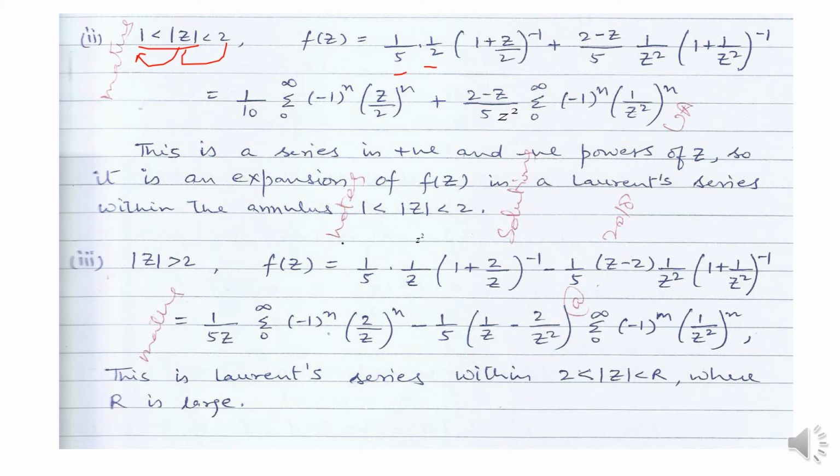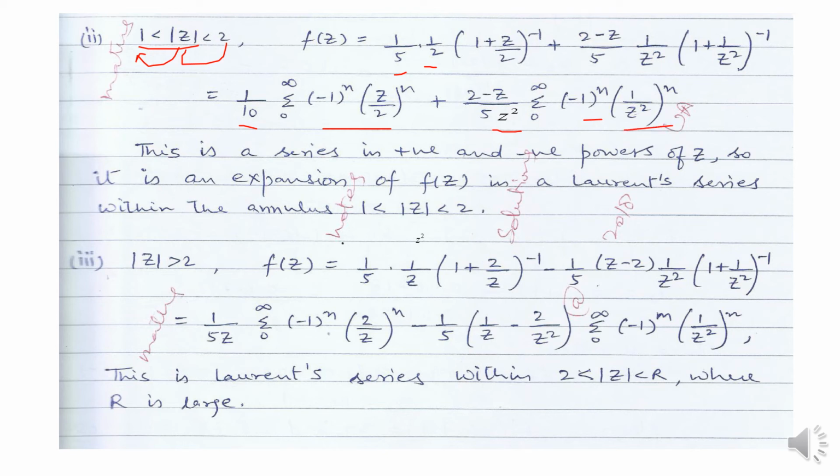So we apply that: 1/10 sigma 0 to infinity (-1)^n (z/2)^n. This term is the same as we did in the previous expression, plus (2 - z)/5 into z² sigma 0 to infinity (-1)^n (1/z²)^n.